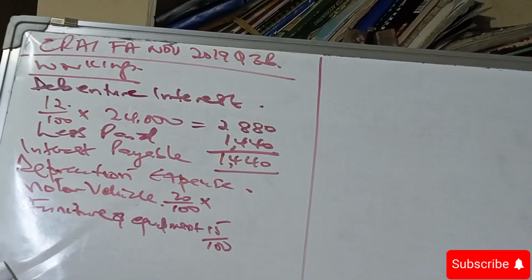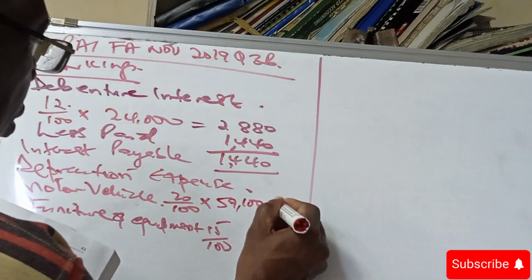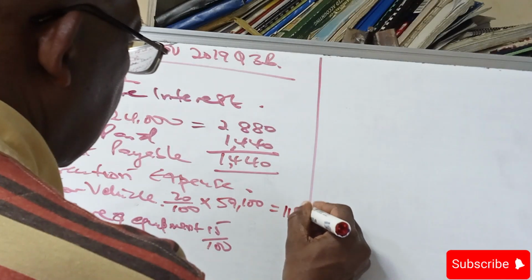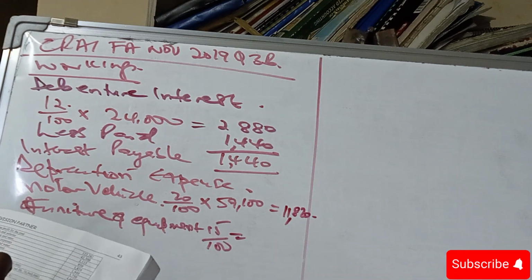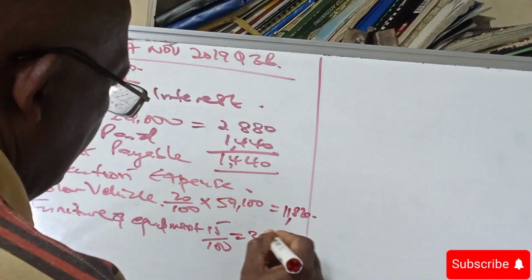The original purchase cost is 59,100 times 0.2, we get a figure of 11,820. Then furniture and fittings is 36,960.